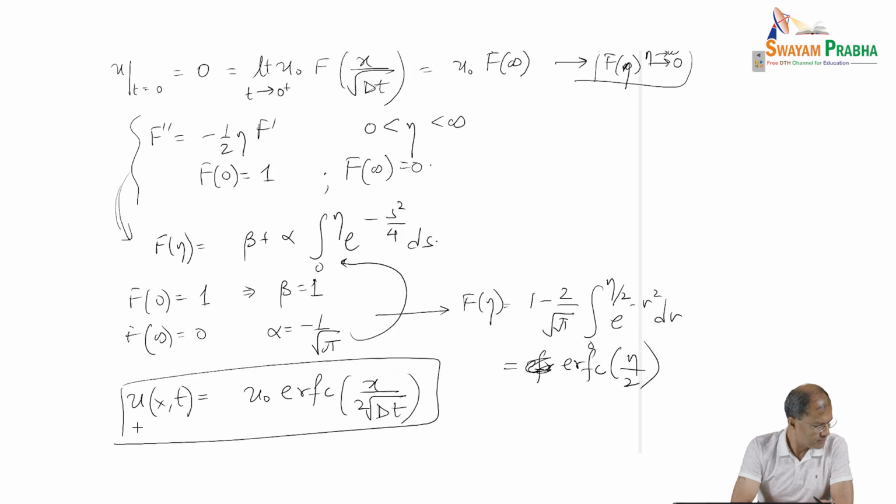Okay, so what we have seen through this exercise is that similarity transformation is a method of solving complicated partial differential equations. But the limitation of the similarity transformation is that the problems must have a very specific form, right? Not all partial differential equations can be readily solved with this method. So let me write what I just said.